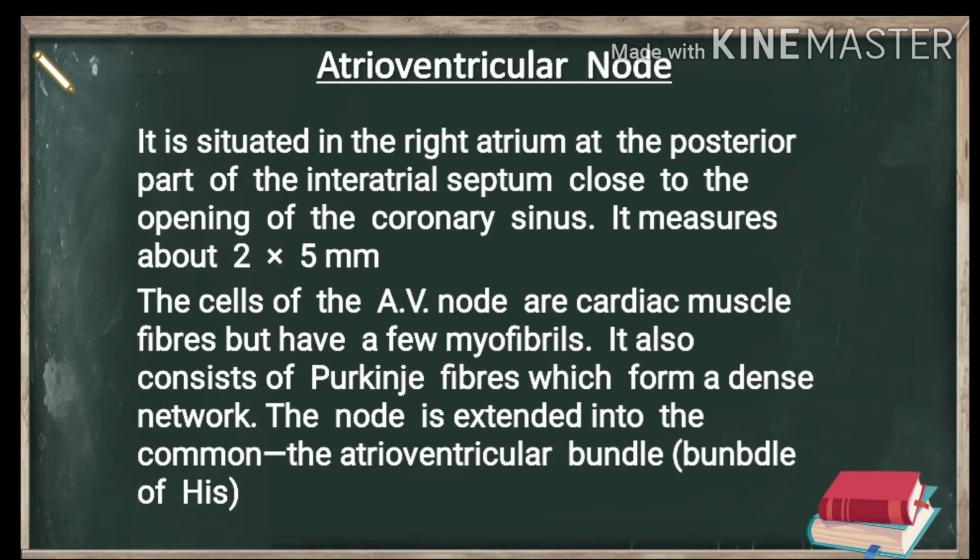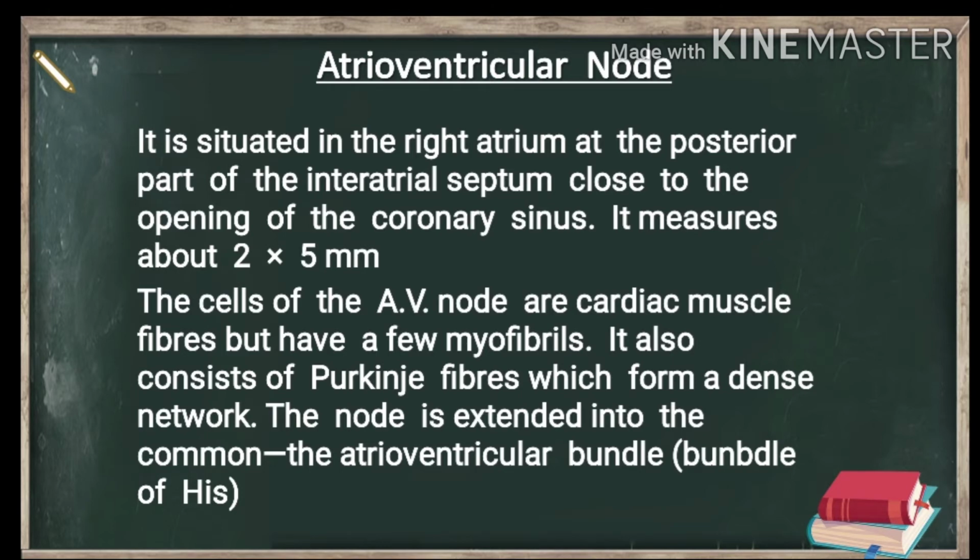Next, the atrioventricular node or AV node. It is situated in the right atrium at the posterior part of the interatrial septum close to the opening of the coronary sinus. It measures about 2 by 5 millimeter.